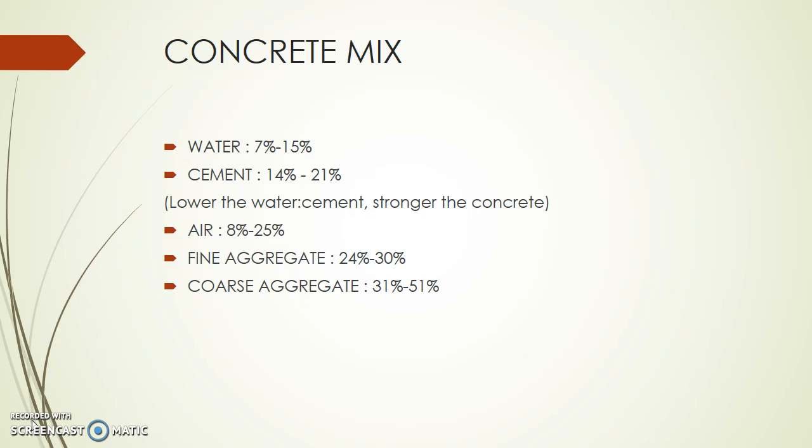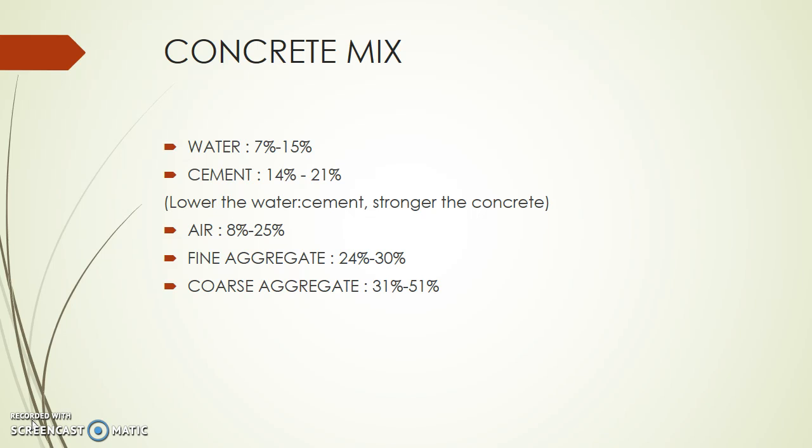Air is very important. The more the air, the higher the durability and strength of the concrete. And fine and coarse aggregates are 24 to 30% and 31 to 51% respectively. According to this mix, there are two types: the rich and the lean mixes.